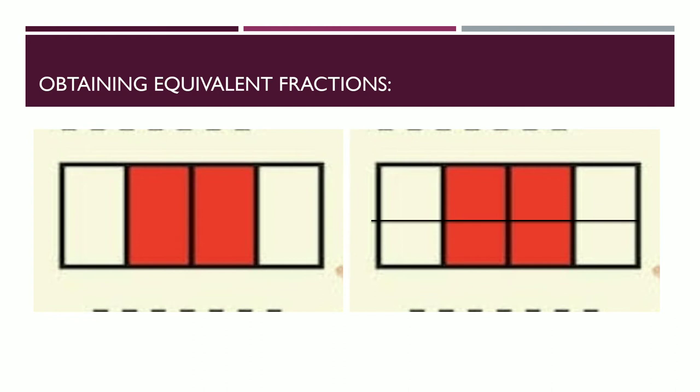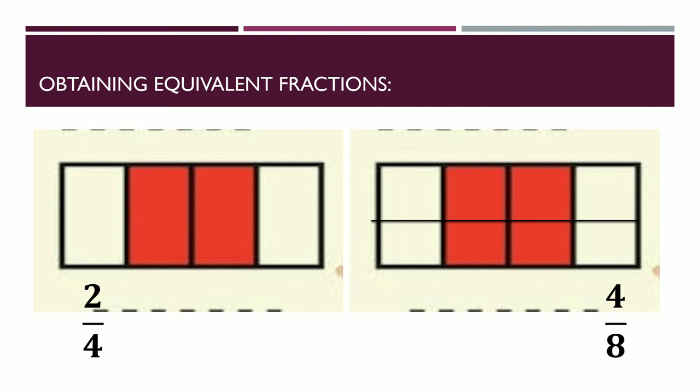The next figure, same rectangle, is divided into 8 equal parts by drawing a line. So the first figure is shown as 2 upon 4 colored parts, and the next figure has colored parts 4 upon 8.